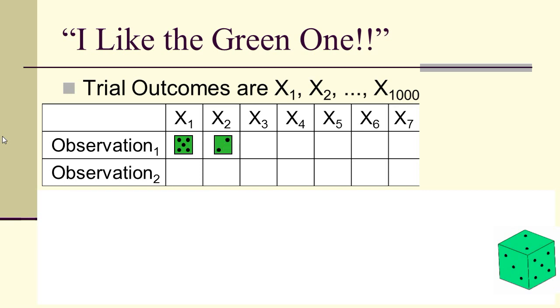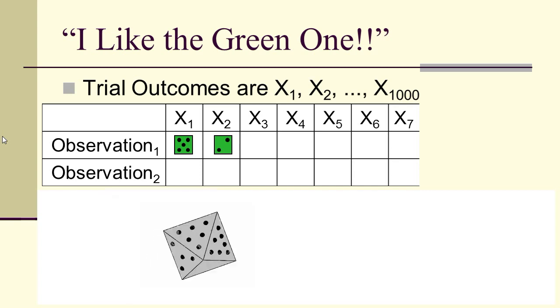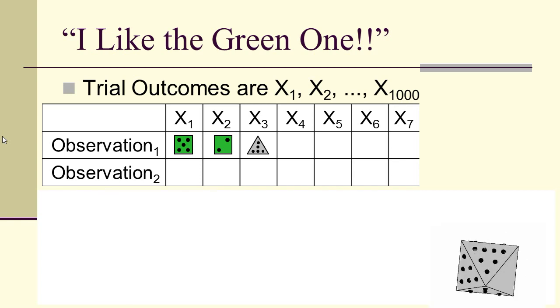And notice that both of these numbers you could have gotten either with the gray or the green. So if they roll the gray and get a number, then that number, which is a 5, is the same number that we got in the first roll.